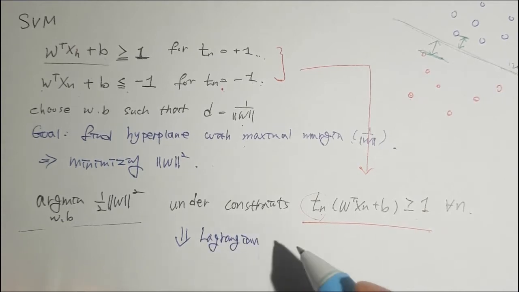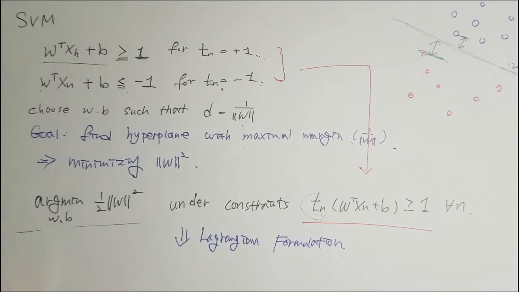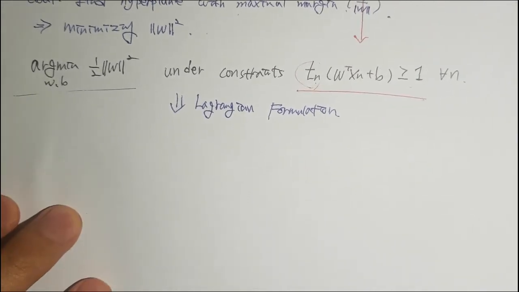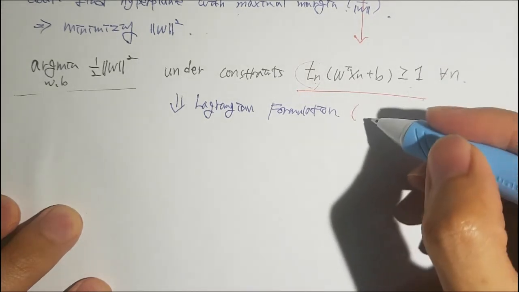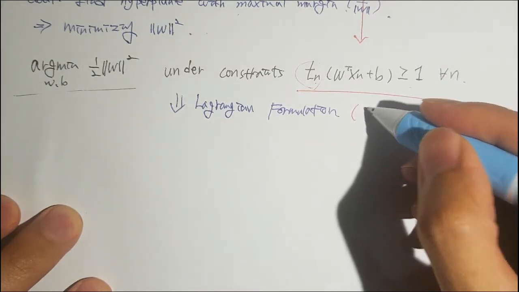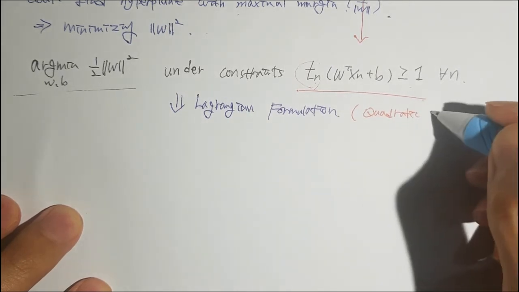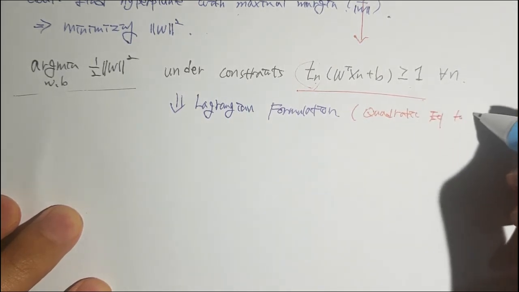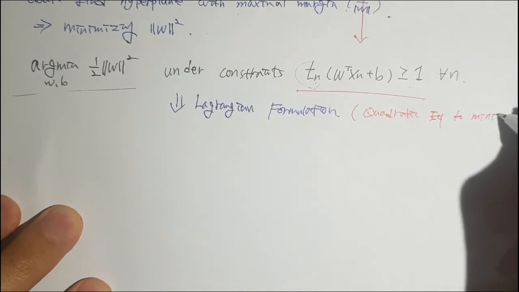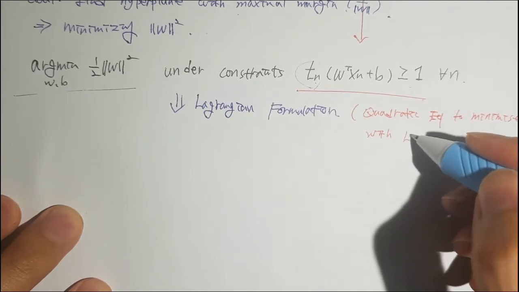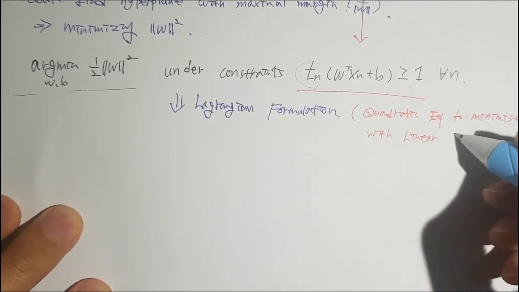So it can again be written as a Lagrangian formulation. And this Lagrangian formulation is really helpful when there is some quadratic equation to minimize with linear constraints.